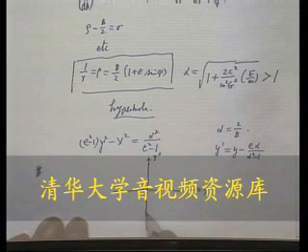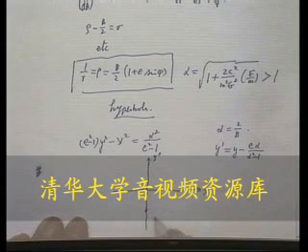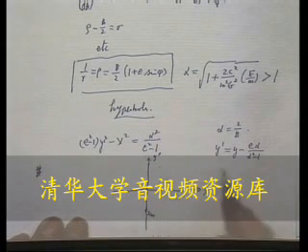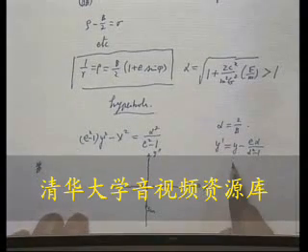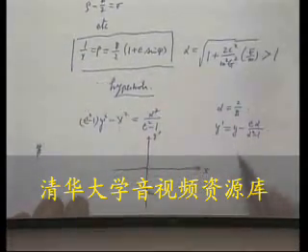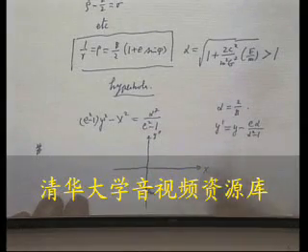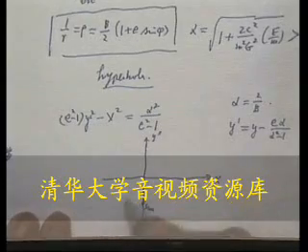The original coordinate is here. This is the sun. The sun is at x equal to 0, y equal to 0. The sun is at r equal to 0. That means x equal to 0, y equal to 0. But we have shifted the coordinate by this, and the curves look like this.